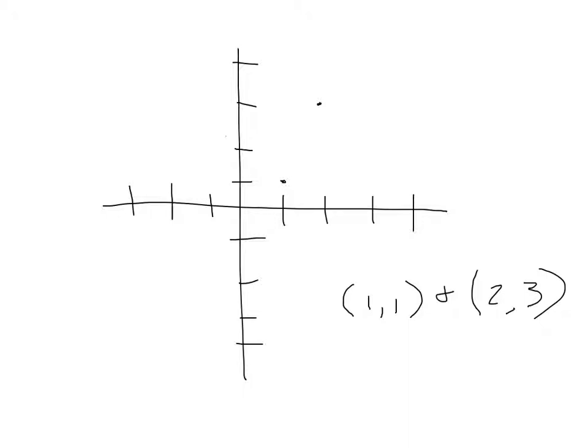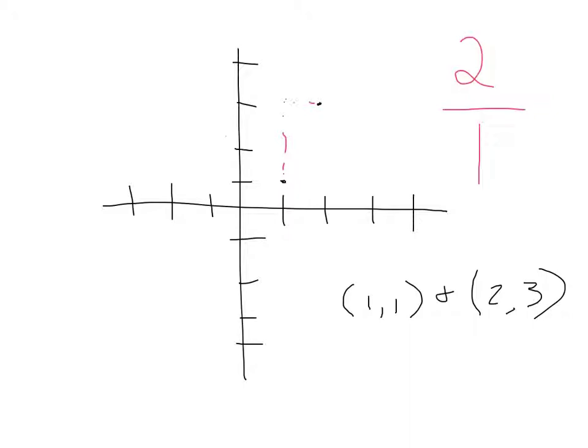If I were starting at the point (1, 1) and I wanted to get to the other point (2, 3), I would need to move up 2 places and then over 1 place. That is my slope. So the slope between (1, 1) and (2, 3) is up 2 over 1.